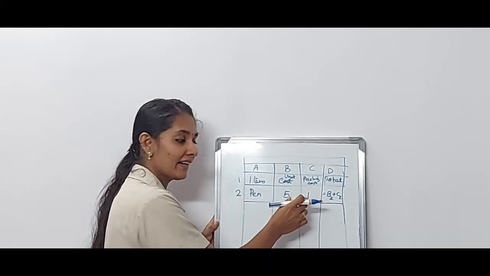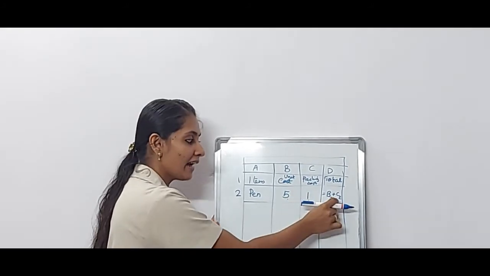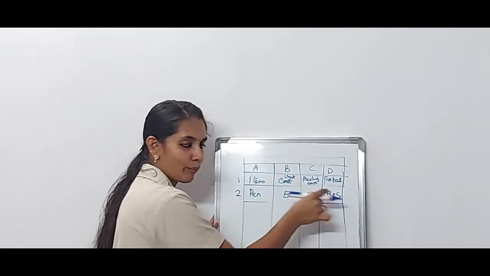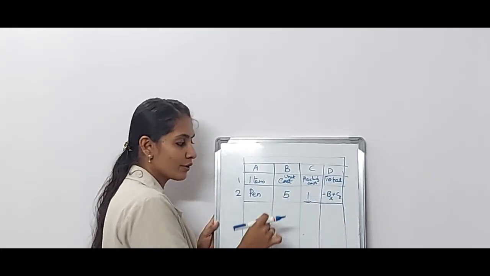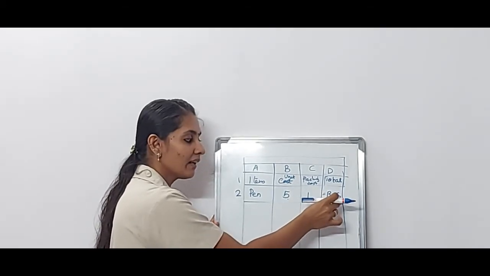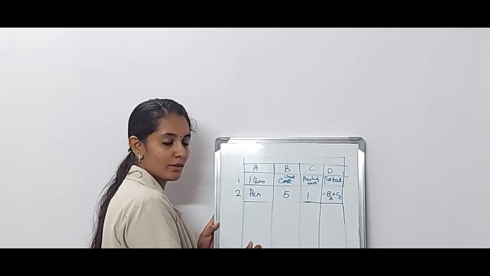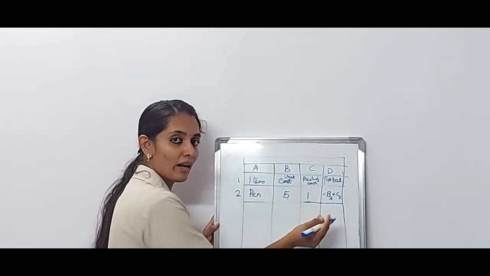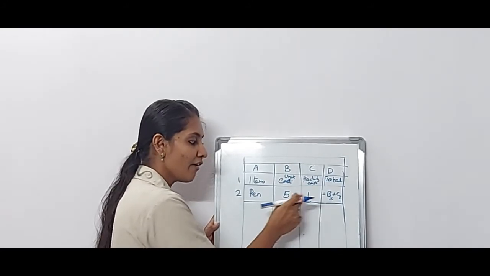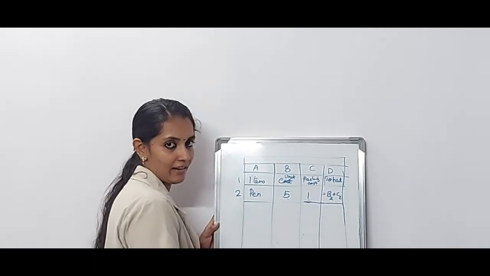Without giving the direct value 5 plus 1, I have given the cell addresses of this 5 and 1 here. This is the formula. So this is the method of typing the formula in the cell. After giving this formula, press enter. Then you can see the result, 5 plus 1 equal to 6, in this cell.